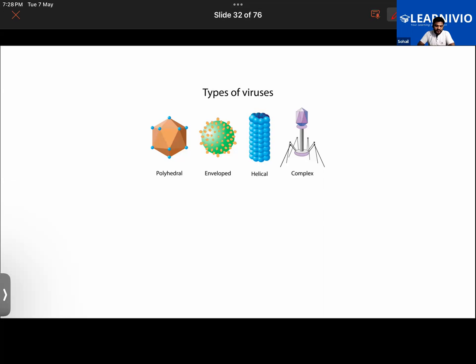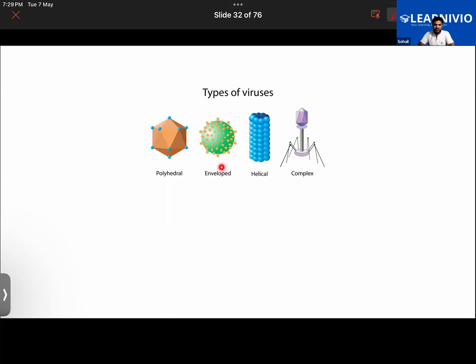In the same manner, viruses also have different shapes, like polyhedral, enveloped, helical, and complex. Which one is the COVID virus similar to? It's enveloped.